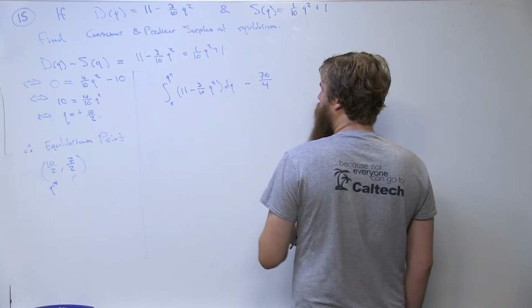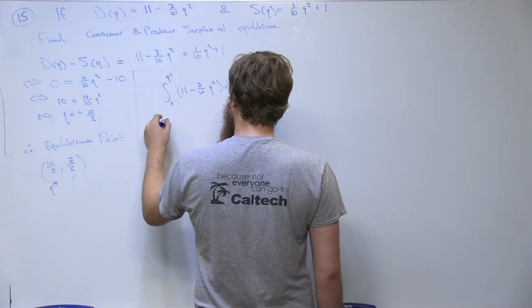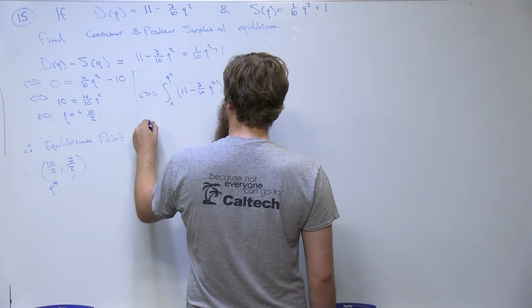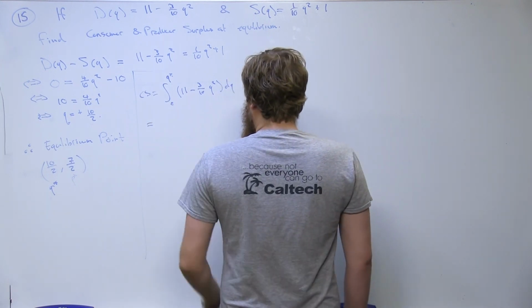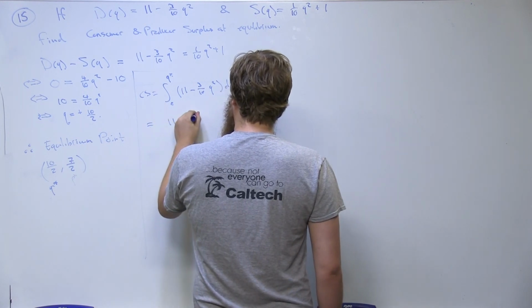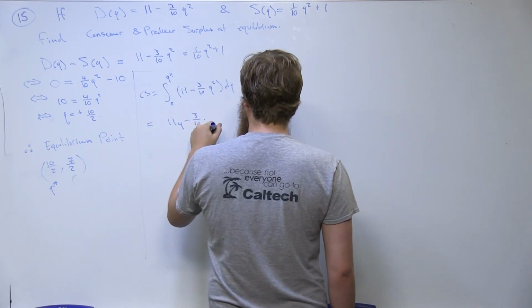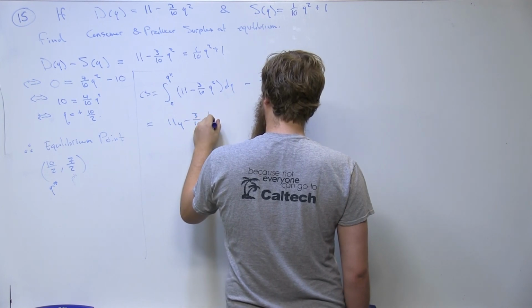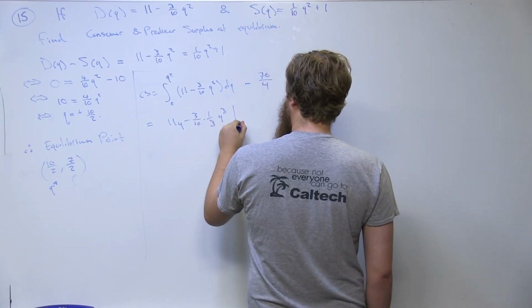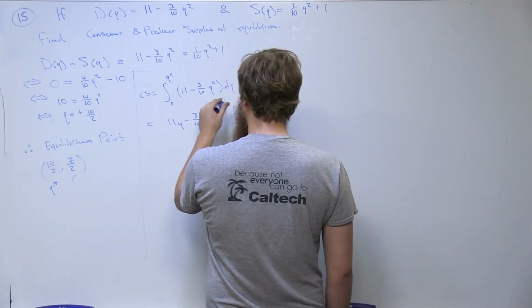So what we really need to do is compute this integral. So this is our consumer surplus. An antiderivative here, taken with respect to q, is going to be 11q minus 3/10 q cubed over 3. This is to be evaluated between 0 and q star.